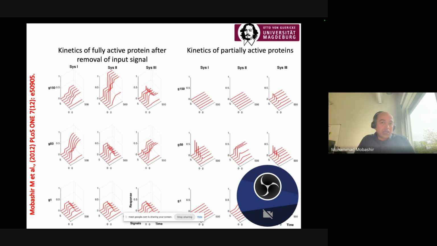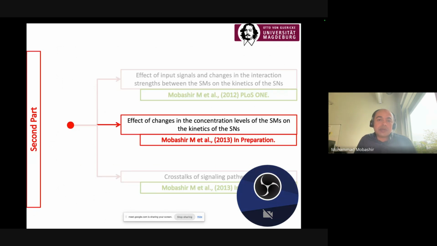This is for fully active, and for partially active it is mostly showing a highly transient or fully adapted response. That means the peak comes very sharp, and then it immediately tries to go back to zero.